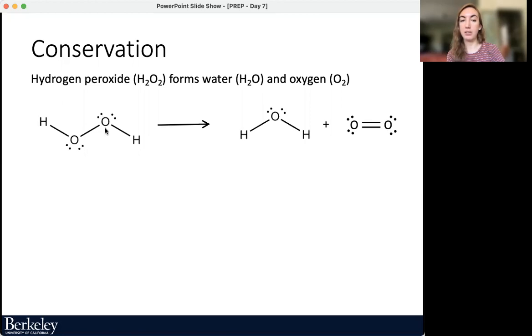I have H2O2 on the left, that's my reactant, and it's going to react and form H2O and O2. So my question for you is, how do you feel about this reaction? Does it look good as it is, or is there something wrong that we need to fix?